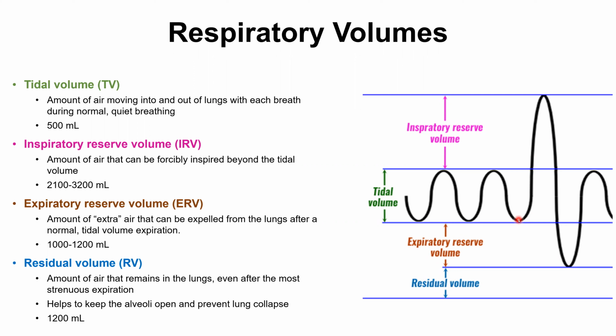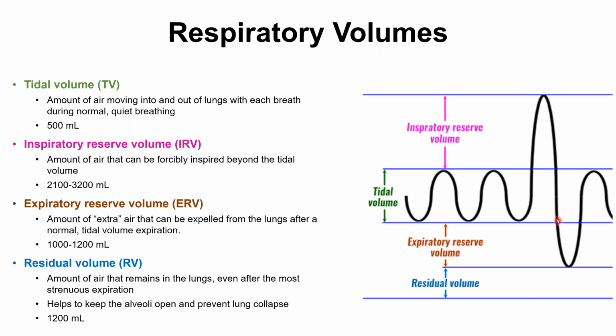So if all of a sudden from this point I told you to take the biggest, deepest breath in that you could take, this biggest, deepest breath in that you can take minus your tidal volume inhalation, anything that's left over that you inhaled is your inspiratory reserve. And normally this value is between 2,100 and 3,200 milliliters. So it's the amount of air that can be forcibly inspired beyond our tidal volume.